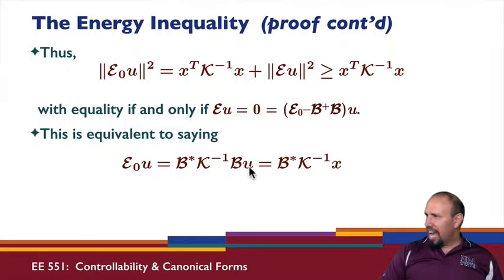This quantity is X, and so we have this expression here. E naught U is equal to this. So we've shown the proof of the energy inequality. So that's sweet.